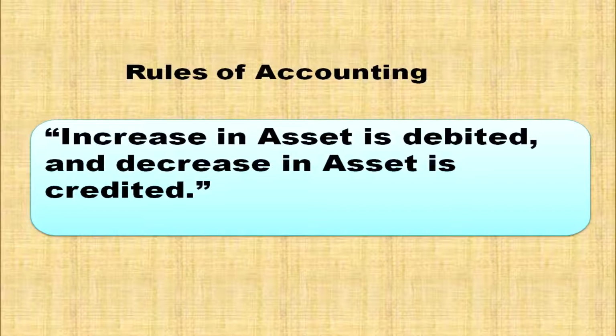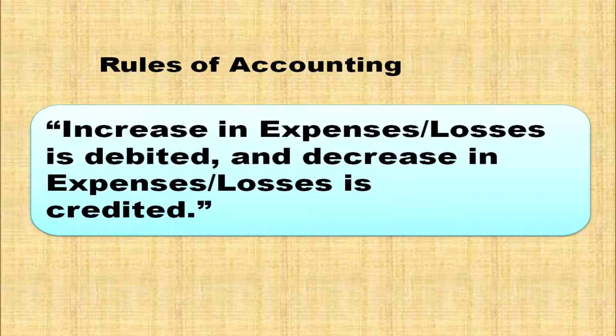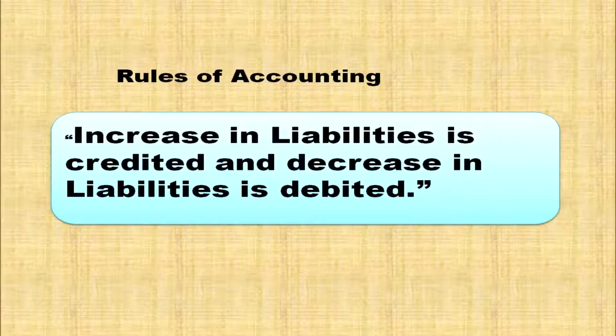Increase in asset is debited and decrease in asset is credited. Increase in expenses or losses is debited and decrease in expenses or losses is credited. When we are discussing liabilities, this is the rule: increase in liabilities is credited and decrease in liabilities is debited.